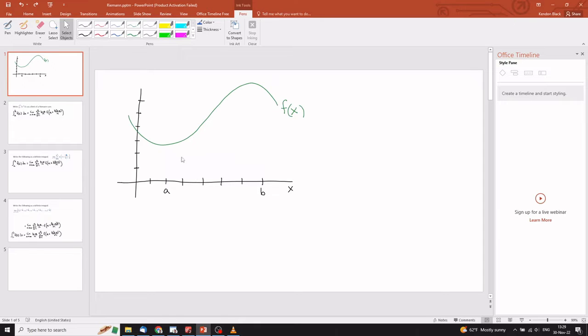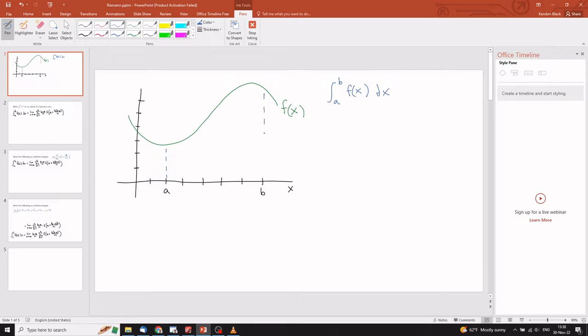actually is. So if I want to go from A to B, I want the integral from A to B of f of x dx. What does that represent on the graph?